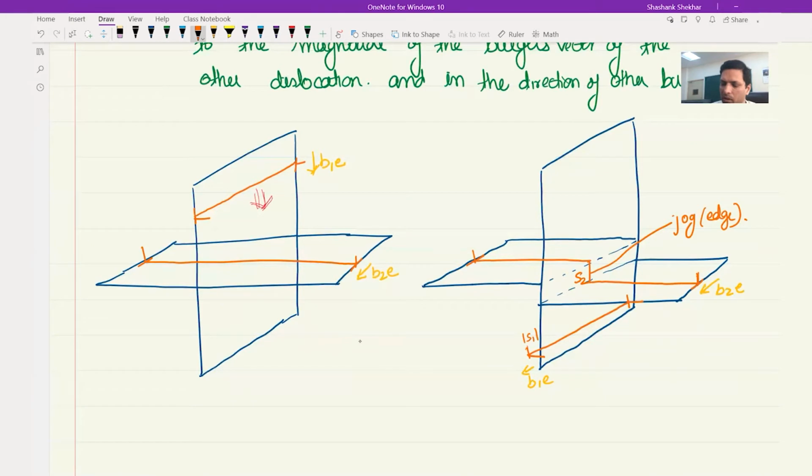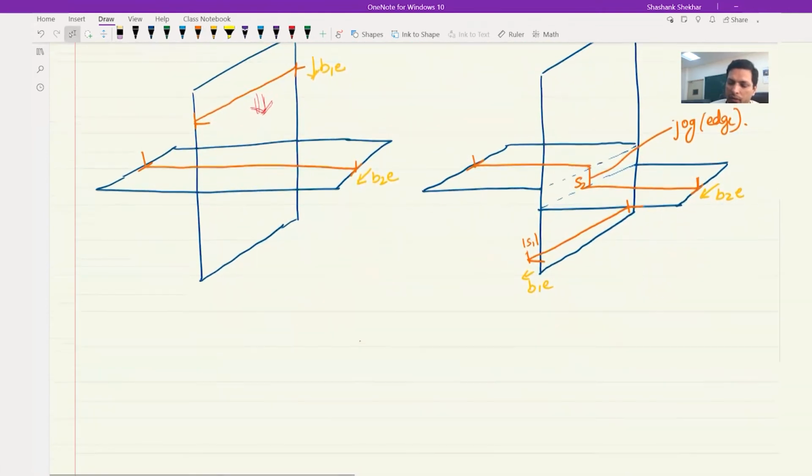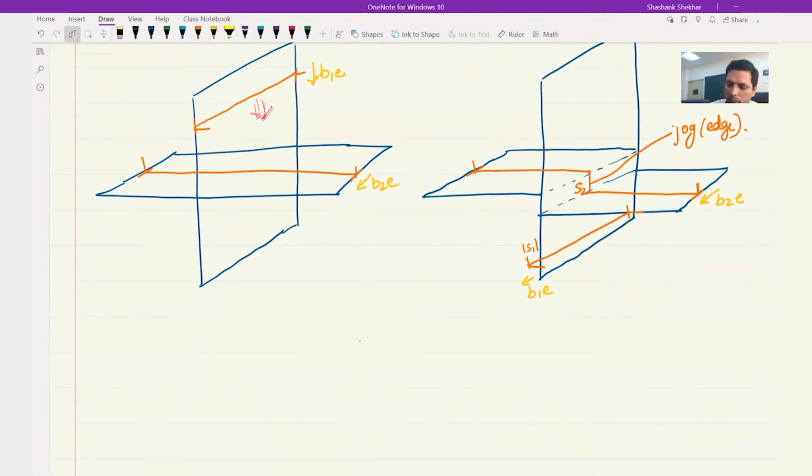Just theoretically speaking, there is not much actually happening for S1. So if we want, we can write it like this. S1 magnitude is equal to, so we are calling the step S1, which will be equal to the Burgers vector B2.